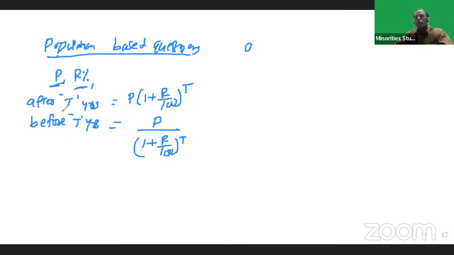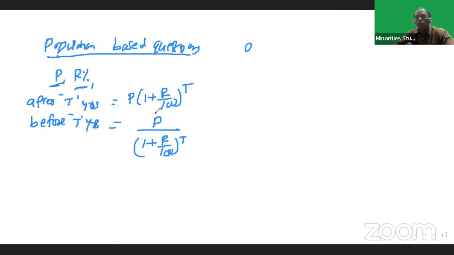Then the population of a town after T years is equal to P into 1 plus R by 100 whole power T. The population of a town before T years is equal to P by 1 plus R by 100 whole power T. So now write the note point.